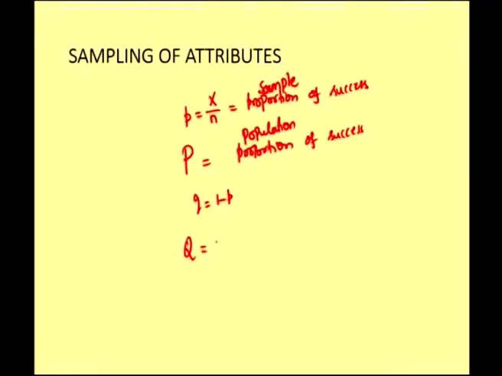When you take the proportion, it becomes q. q is equal to 1 minus p. Then capital Q will be the population proportion of failure, that is the proportion of the whole persons not possessing the attribute A.